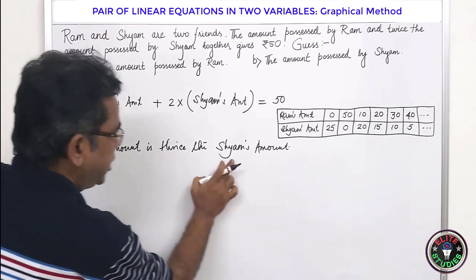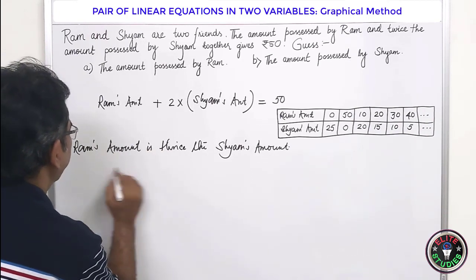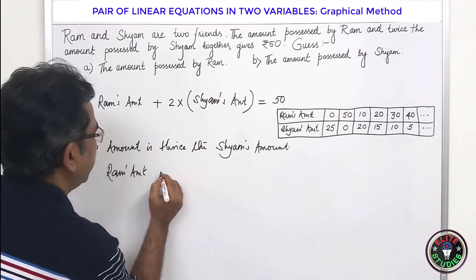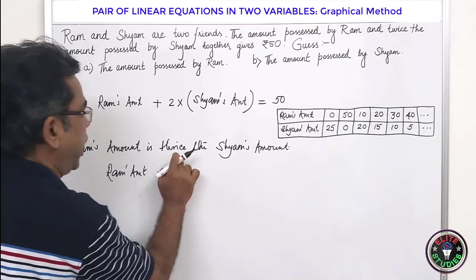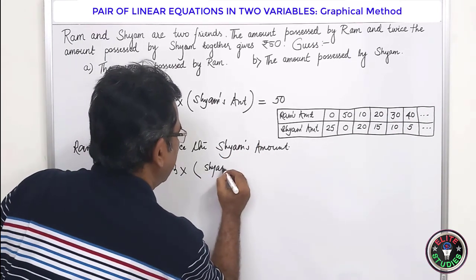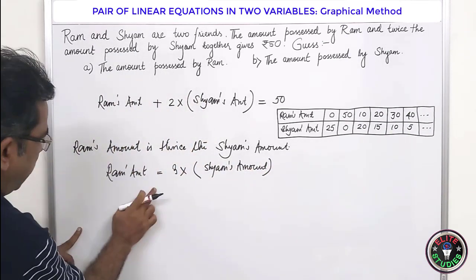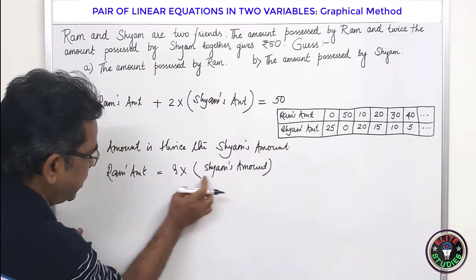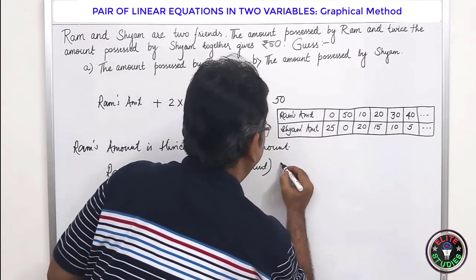If you convert it to a mathematical statement, then Ram's amount is equal to, remember this important thing, is means equal to, thrice means 3 into, Shyam's amount. So Ram's amount is 3 times Shyam's amount. Now in this case, let us again have a table like this and see what happens.